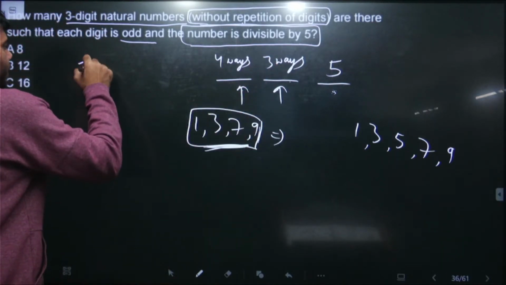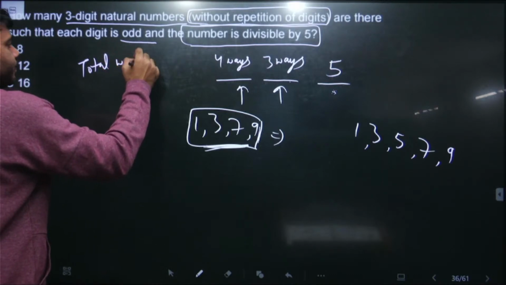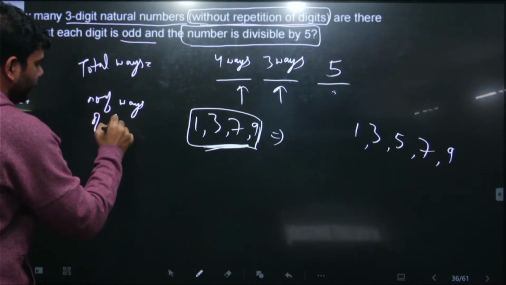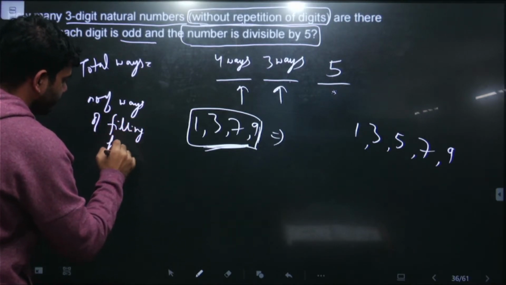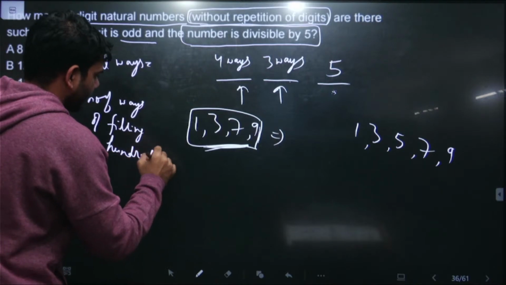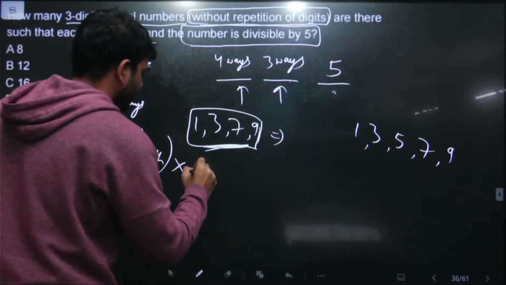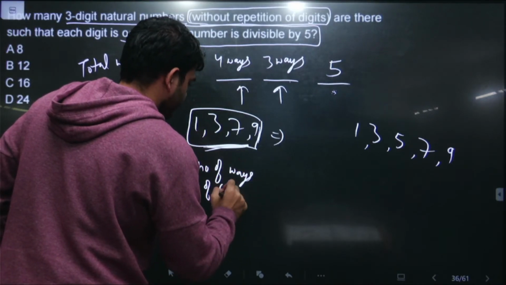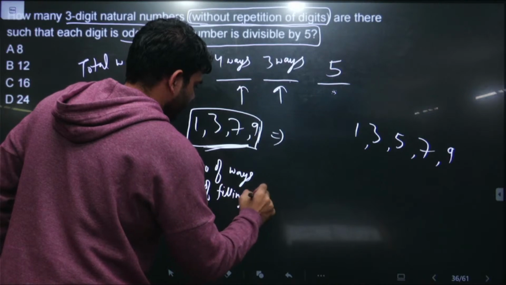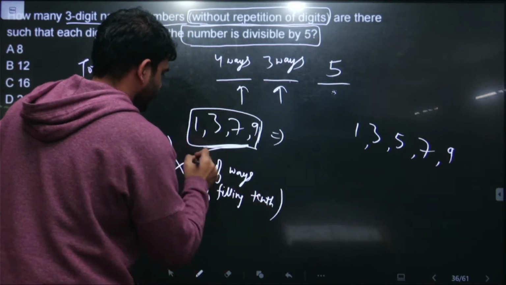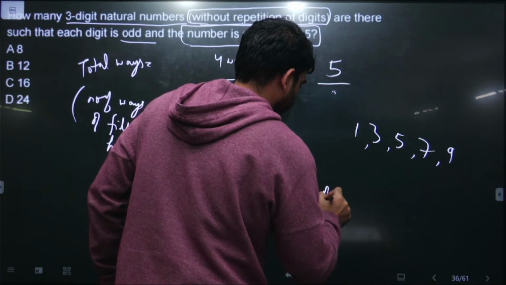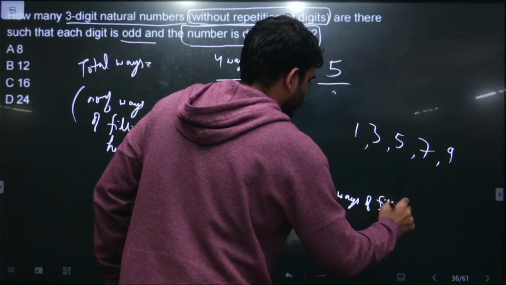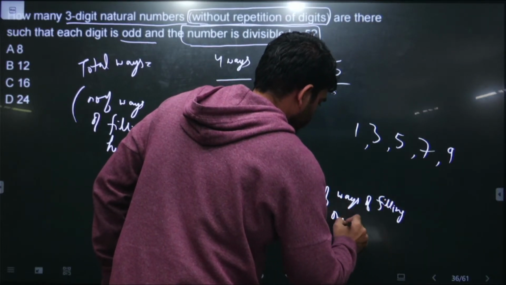So total ways are the number of ways of filling the 100th position, multiplied by the number of ways of filling the 10th position, into the number of ways of filling the 1st position.